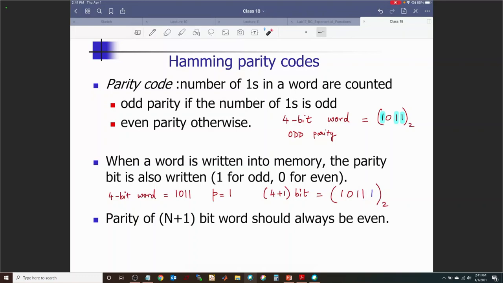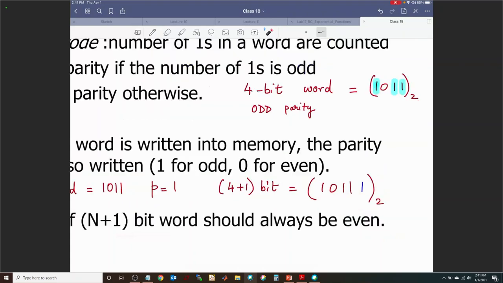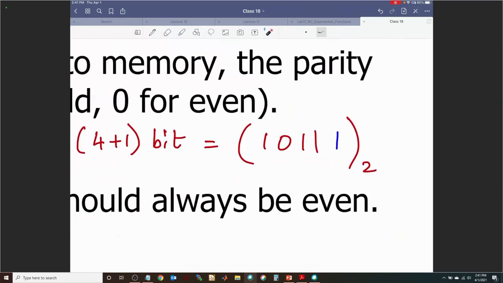Now, when you read this, you have written it. Now you have written the 5-bit word into memory. You have written 10111. Now when you read it, you are going to read the n plus 1 bit word. And the parity of that n plus 1 bit word is always going to be even. You guys see that? So when you read this 5-bit word, you are going to get 4 ones, an even number.